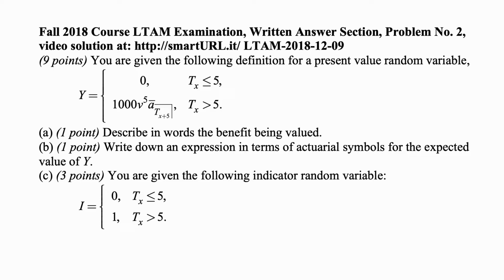You are given the following definition for a present value random variable. Y is equal to 0 for Tx less than or equal to 5. Tx is the future lifetime of a person (x).